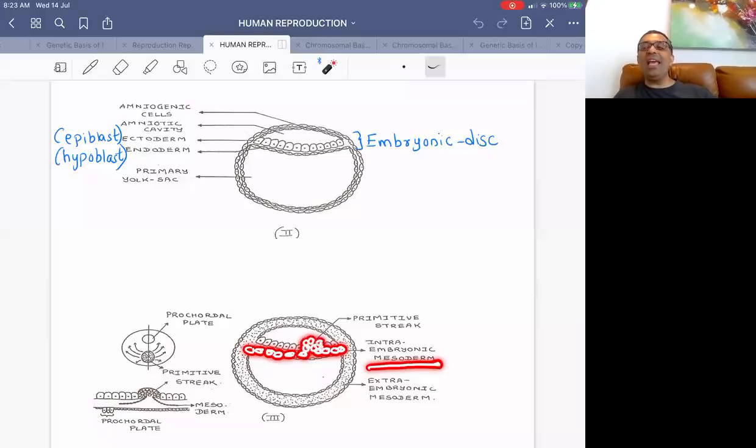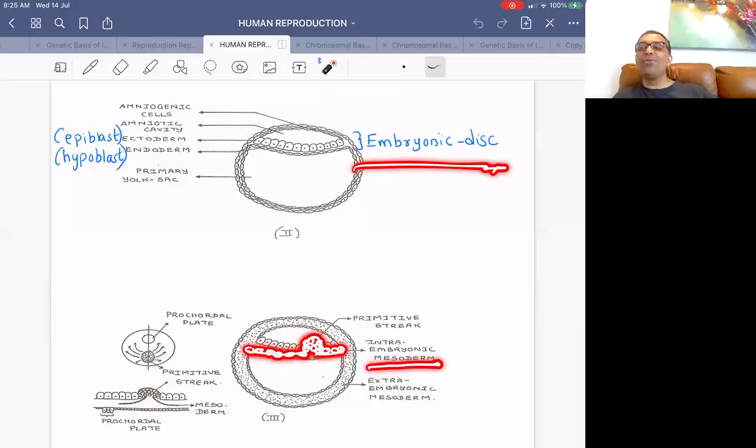And the primitive streak was formed from the ectoderm. And by the way, this ectoderm, the embryonic disc, in other words, was formed from the embryoblast. So the embryoblast forms the ectoderm and endoderm, which is the embryonic disc. And from the ectoderm develops the primitive streak, and primitive streak cells form the mesoderm.